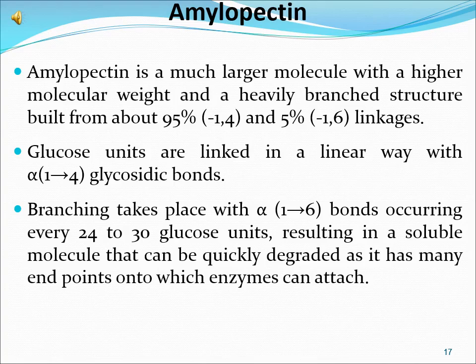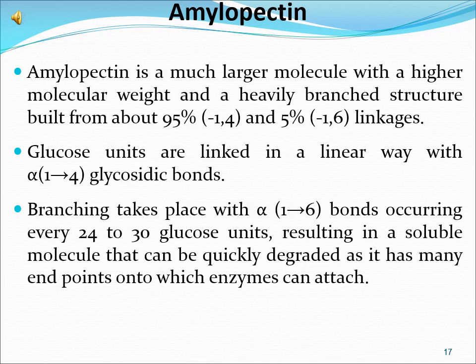Now, amylopectin is a much larger molecule with a higher molecular weight and a heavily branched structure, built from about 95% 1,4 glycosidic bonds and 5% 1,6 linkages of glucose units.